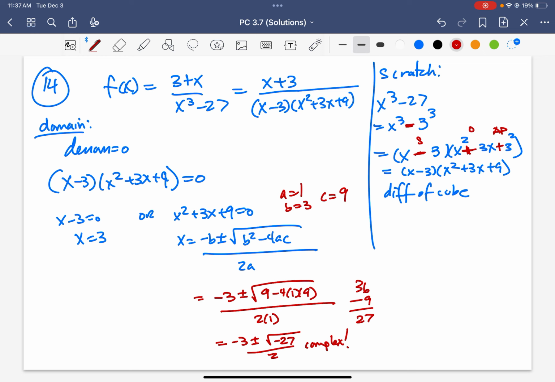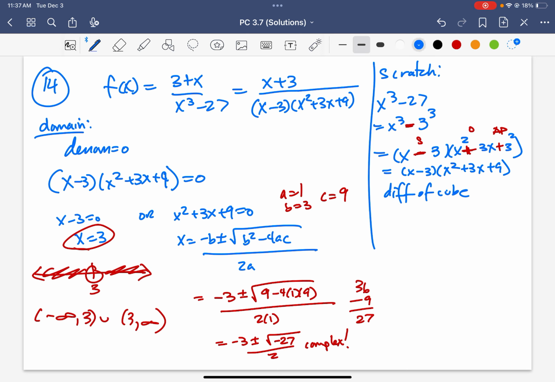And so really the only number that you're not allowed to plug in here is x equals 3. So my domain's going to be anything but 3. So it's negative infinity to 3 and then 3 to infinity, because these complex numbers do not show up on this real number line. So that's your domain.